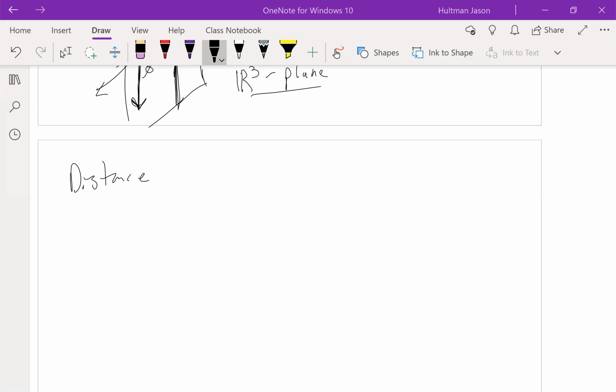Anyway, whatever. Okay, let's do the distance formula in R3.